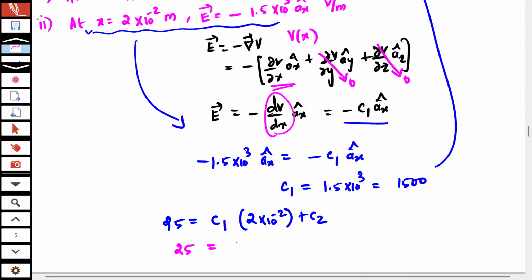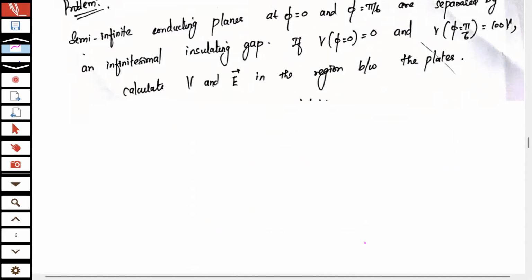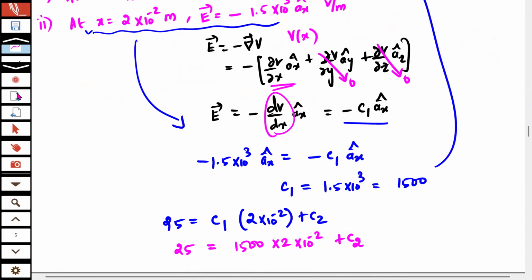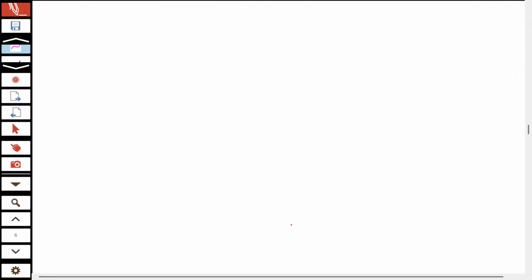So 25 equals to 1500 into 2 into 10 power minus 2 plus c2.